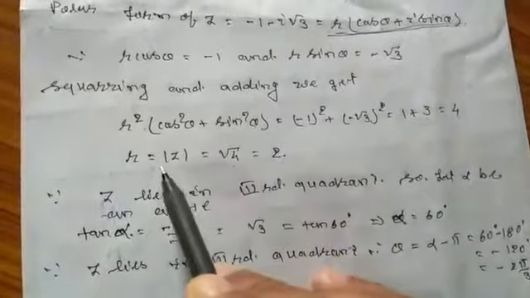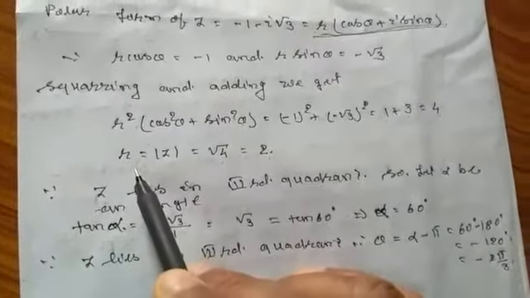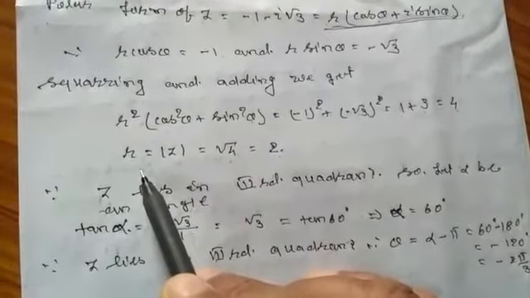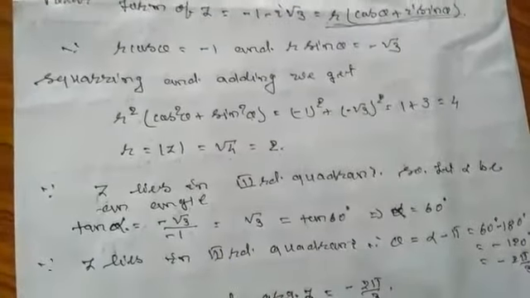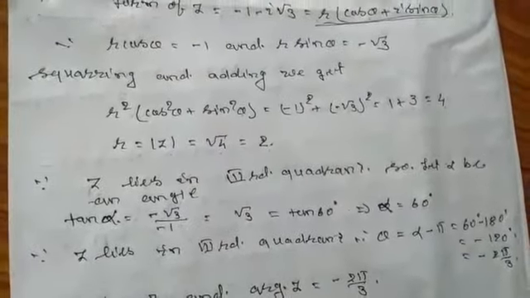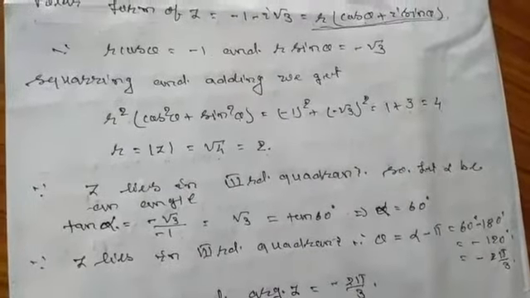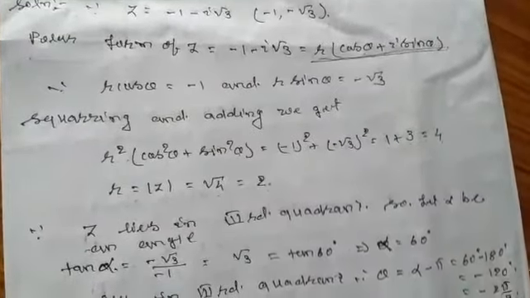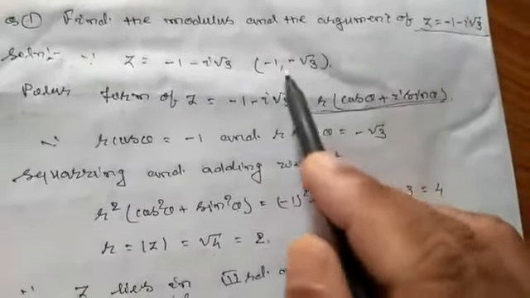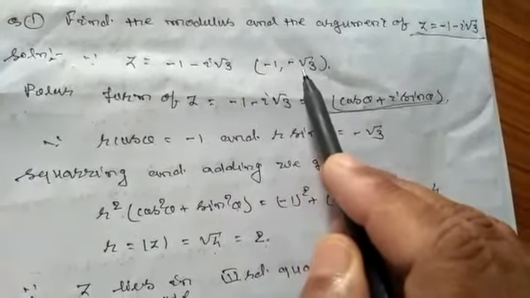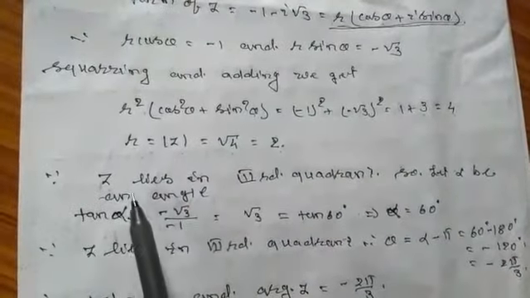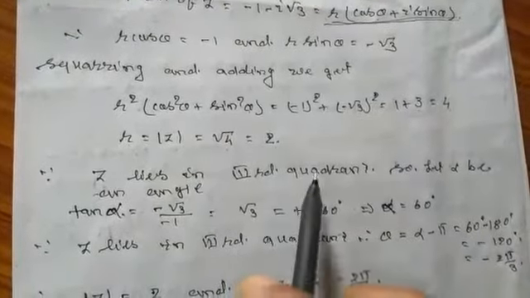As I have told you earlier, r is called the modulus of the complex number. Now, since z lies in the third quadrant, because its ordered pair are both negative, its real part and imaginary part are both negative, so it is clear that z lies in the third quadrant.